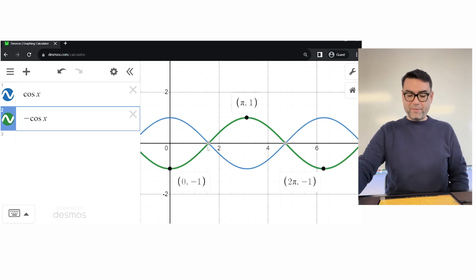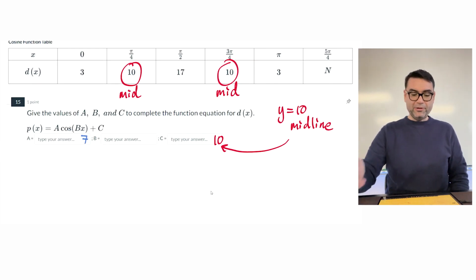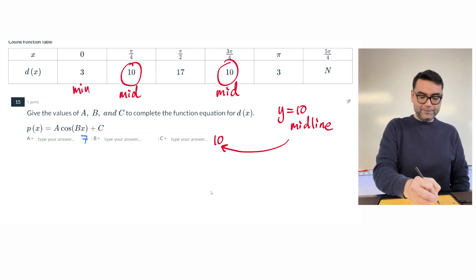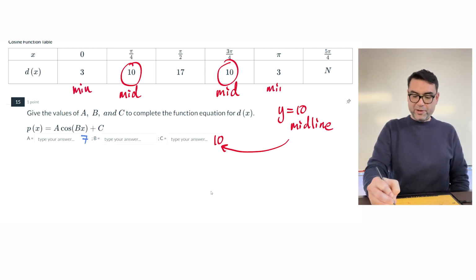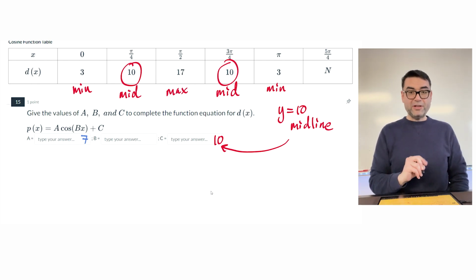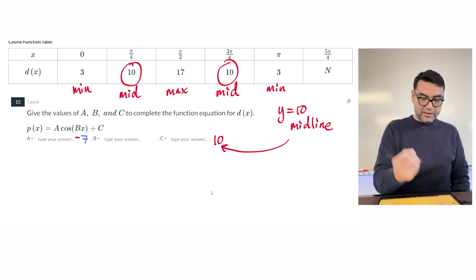It starts at the minimum, comes up to the maximum, then back to the minimum. So the reason I'm showing you this is that our table does start at the minimum, and then it does return to the minimum, and in between them you have the maximum. So that actually means our A value is not just 7, it's actually -7.